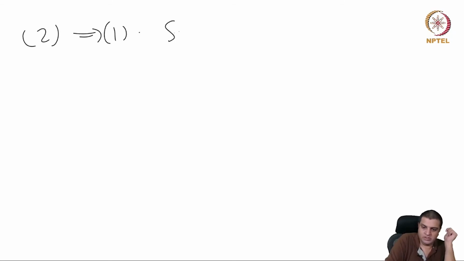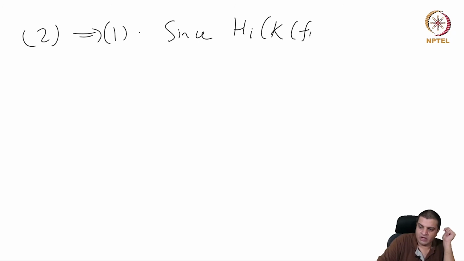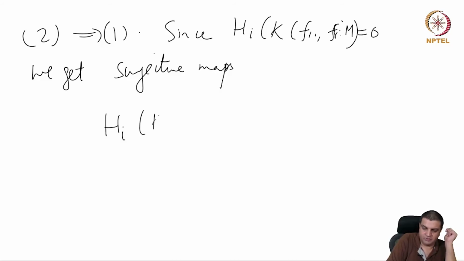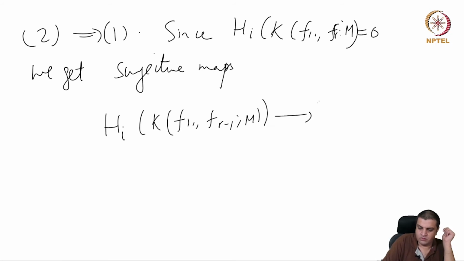Since Hi of K with R elements is 0, we get surjective maps from Hi of K with R minus 1 elements to itself.